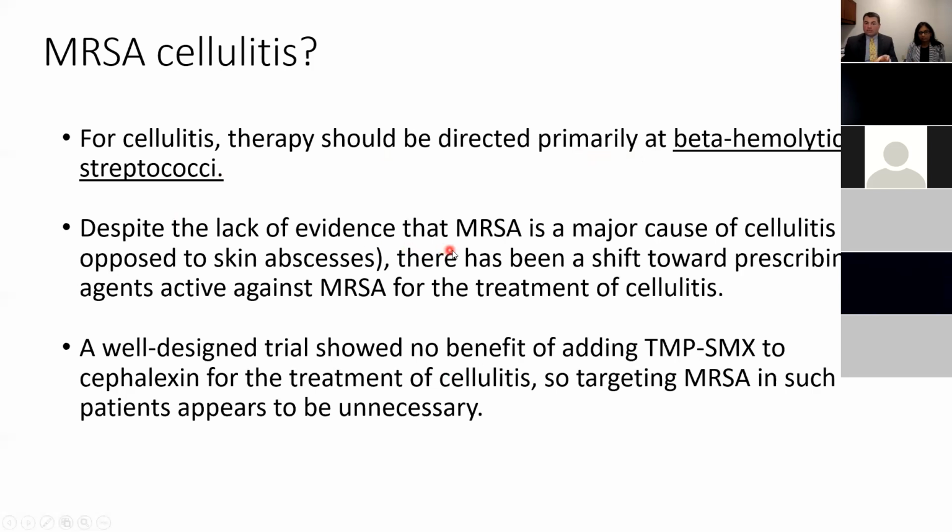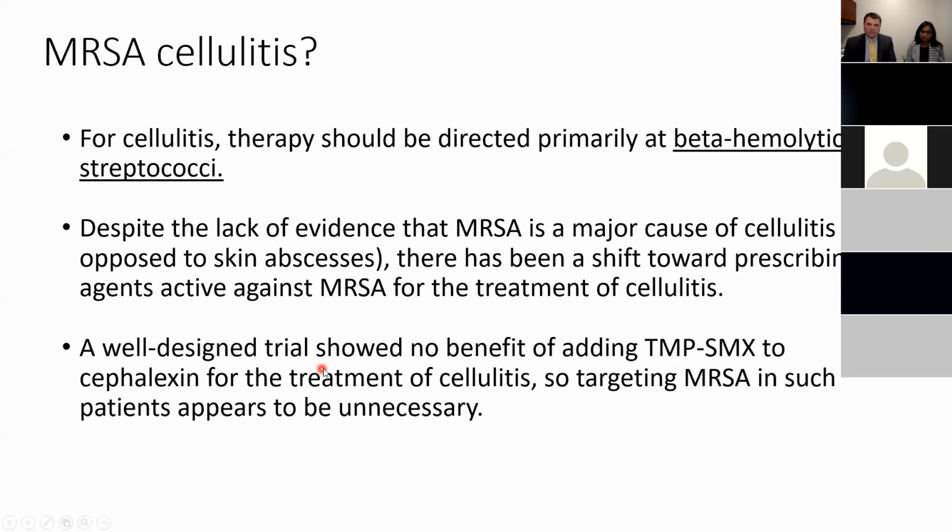So as far as pus and abscesses, carbuncles, furuncles, you're thinking Staph aureus. So then it's important to cover MRSA and MSSA, but there's been kind of a shift of treatment that a lot of the clinicians are treating MRSA and MSSA when they don't need to. So not every patient you need to cover for MRSA and MSSA.